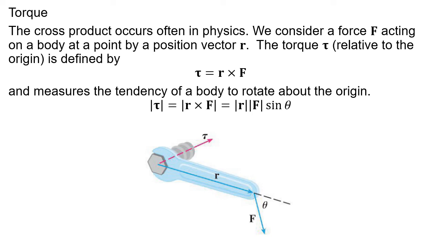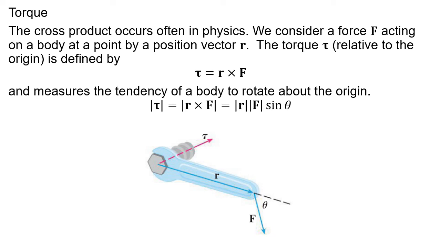Okay, torque. Here's something you'll talk about in physics. Torque is a cross product. The cross product often pops up in physics and engineering. If we consider a force F acting on a body at a point given by a position vector lowercase r, then the torque, which is lowercase tau, relative to the origin is defined as the cross product between the r and the F vectors, the position and the force.